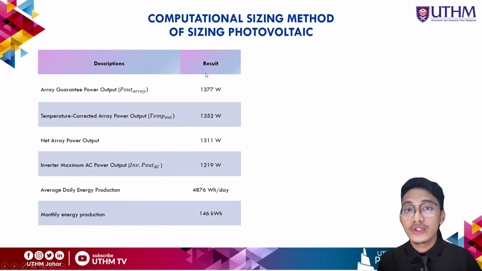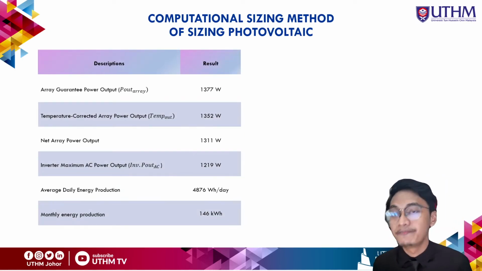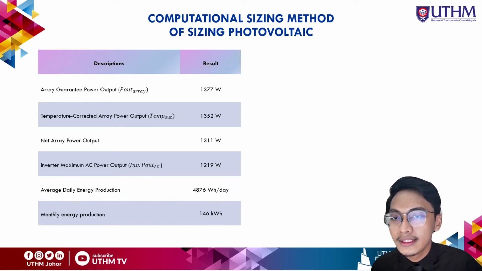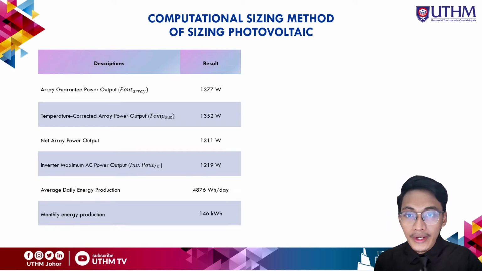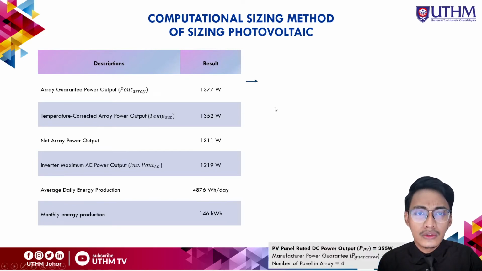Now, for the computational sizing method of the photovoltaic system, firstly I will explain how I get the array guaranteed power output of 1377 watts.